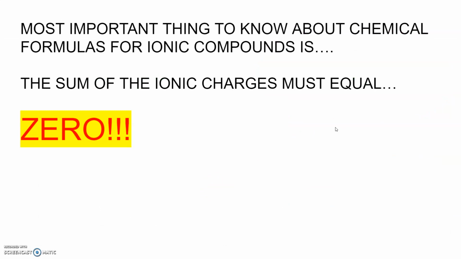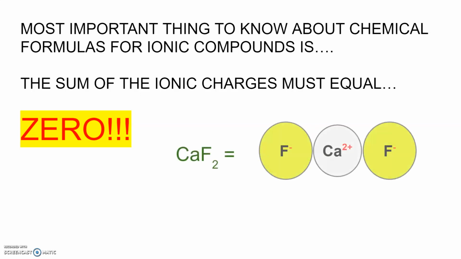Alright, so this is the crux of this lesson. The most important thing you need to know about chemical formulas for ionic compounds is the sum of the ionic charge must equal 0, okay? So when you add up all the charges, they have to equal 0. So what do I mean by that? If we look at our calcium fluoride example here, and here we have the particle diagram, notice that the fluorines each have a -1 charge and the calcium has a +2 charge.